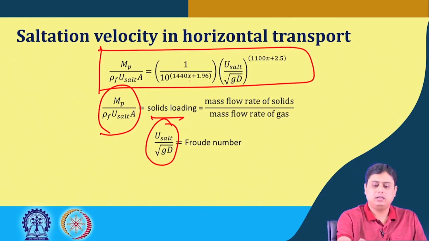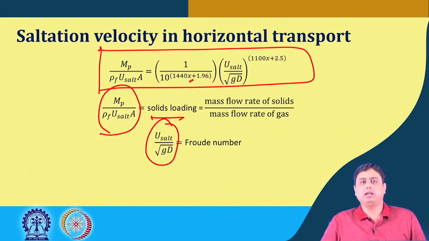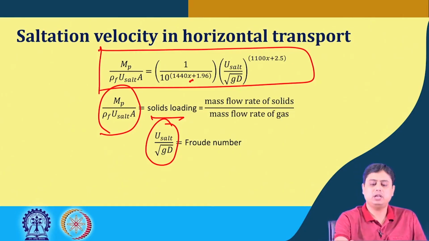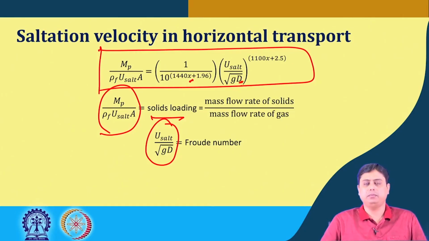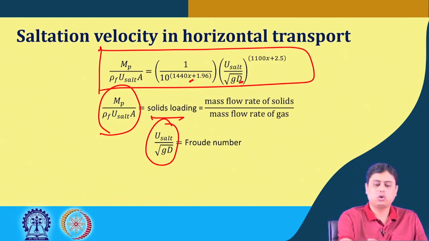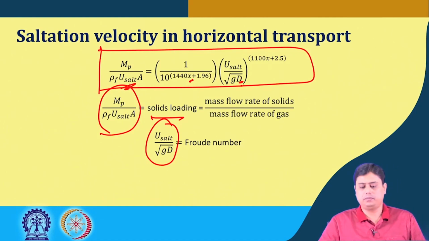Where x is the diameter of the particle, d is the diameter of the pipe, g is the gravitational constant, rho f is the density of the fluid, and u salt is the saltation velocity.